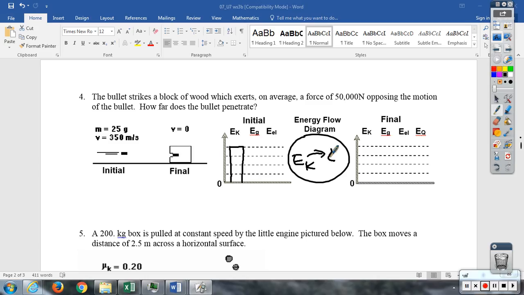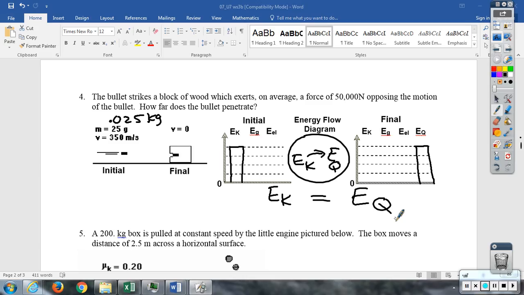So that means all of the energy is out of the bullet and in the block, and so that is all Eq. So we can certainly calculate all of the kinetic energy because we have the mass of the bullet, which if it's in grams you got to get it into kilograms, so that's 0.025 kilograms, and all of that is going to be transferred as Eq.